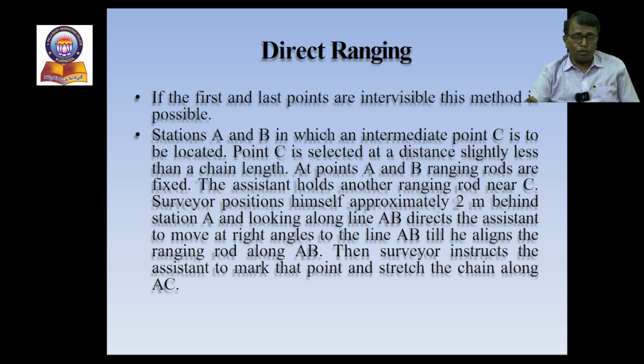The assistant holds another ranging rod near C. The surveyor positions himself approximately 2 meters behind station A and, looking along the line AB, directs the assistant to move at right angles to the line AB till he aligns the ranging rod along AB. Then the surveyor instructs the assistant to mark that point and stretch the chain along AC.